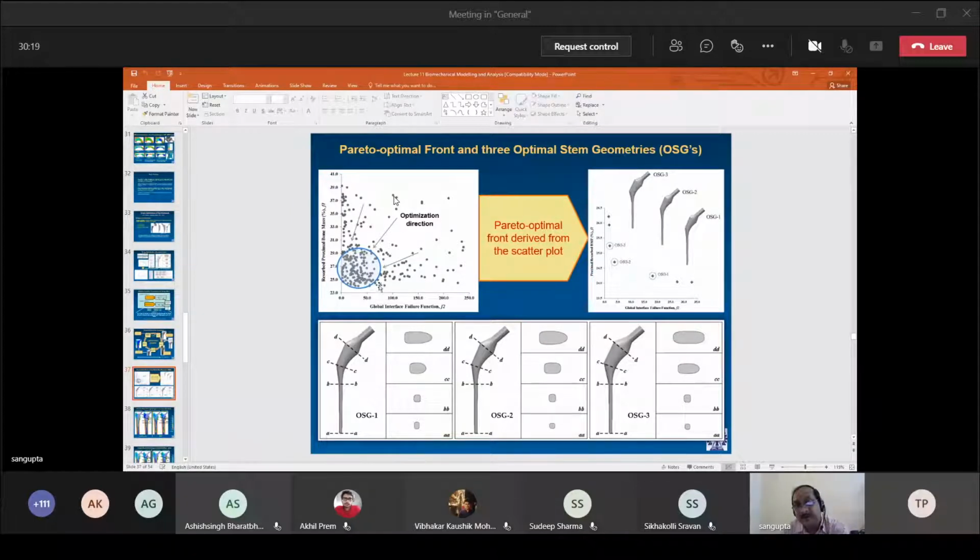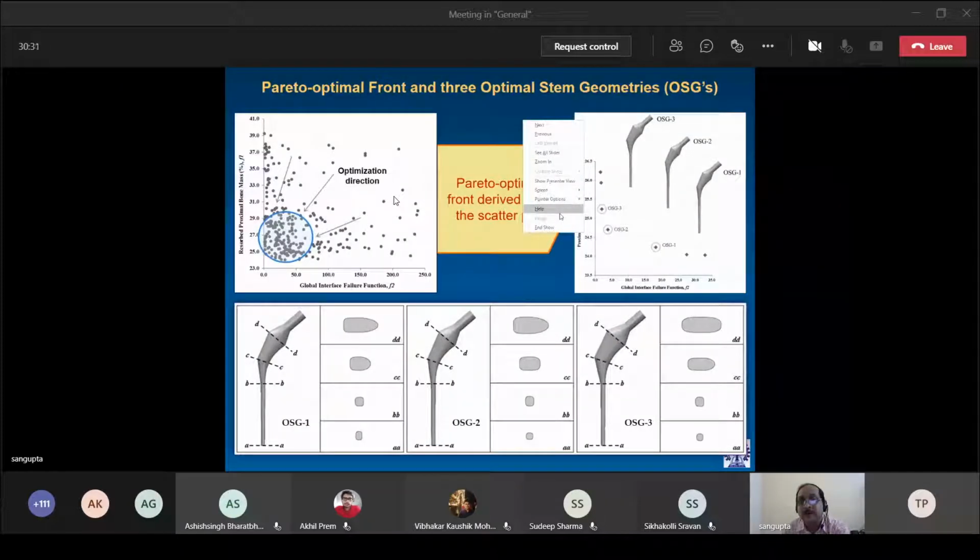So it is coming somewhat like that. So we are focusing on this area because that is basically the optimization direction. You can see very clearly how this whole cluster of points from the scatter is trying to converge around this region.